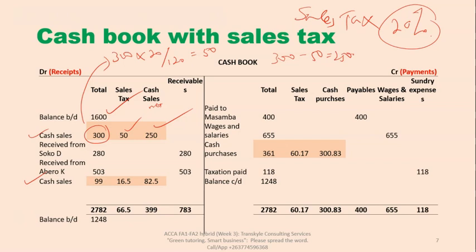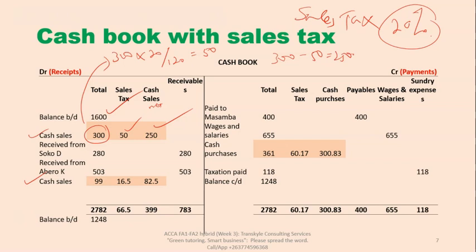I want you to pay careful attention here, because this is where most ACCA students spend many years failing this paper because they don't want to listen. Please listen very carefully, because this is actually a rich example for every ACCA examination.